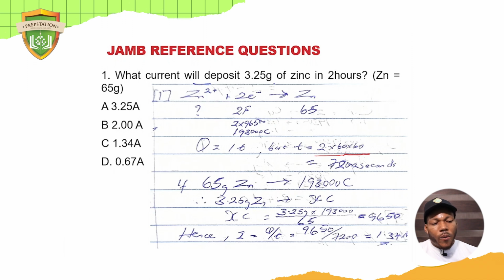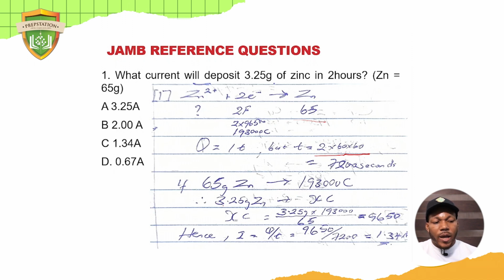All right. Now go back to the equation. What is the given mass of zinc? The mass of zinc here is 65 grams. So if 65 grams can be produced by 196,300 coulombs, what will be the coulombs produced by the reacting mass?